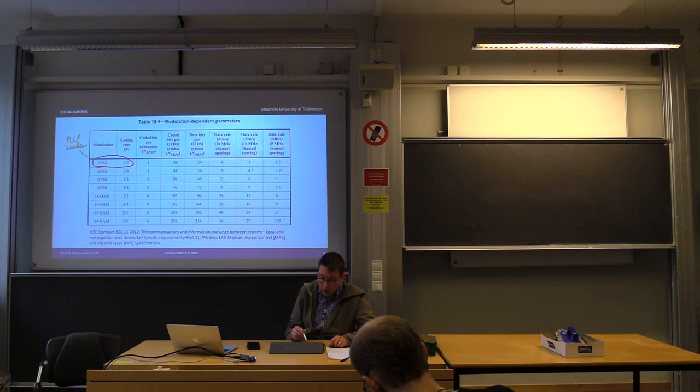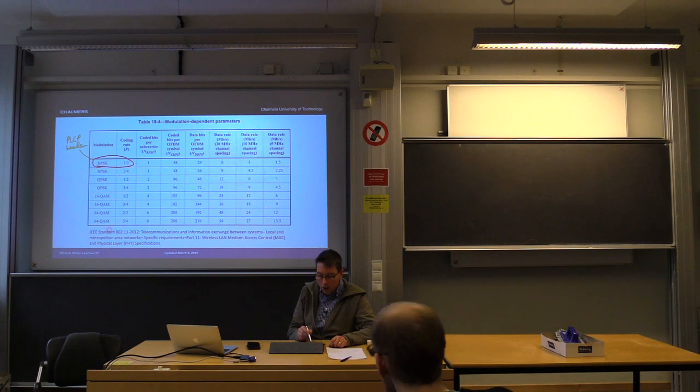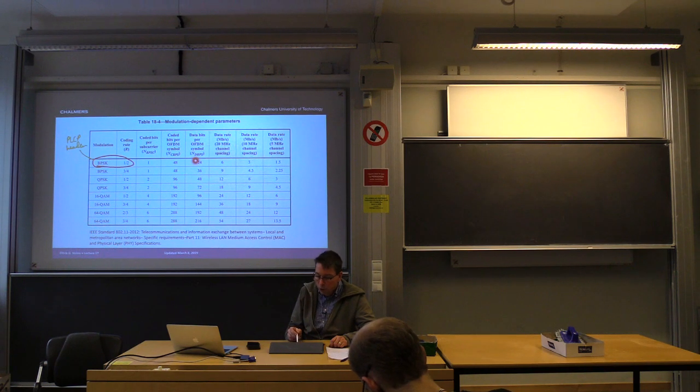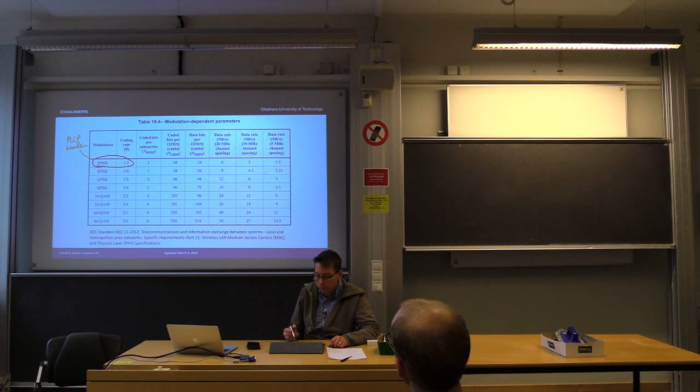And it's not stated here, but the further down we go in the table, the more SNR we need. And the further down we go in the table, the more data bits per OFDM symbol we are carrying.